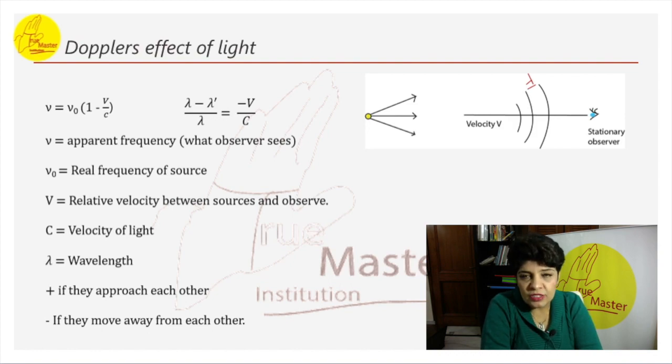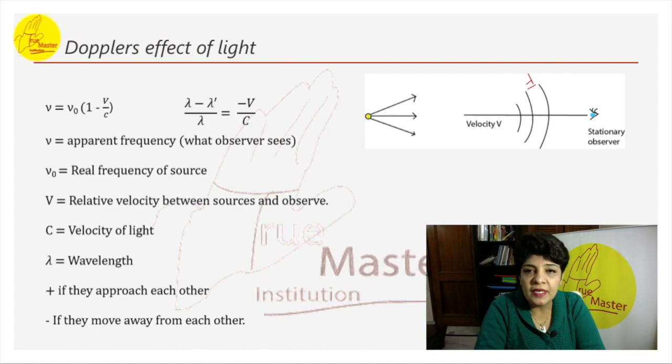You have also studied the Doppler effect in class 6th or 7th, with a very simple example: you are standing on a platform and there is a moving train. Or you're sitting in a train and you see another train which is moving, but you feel that your train is moving. This is the Doppler effect.